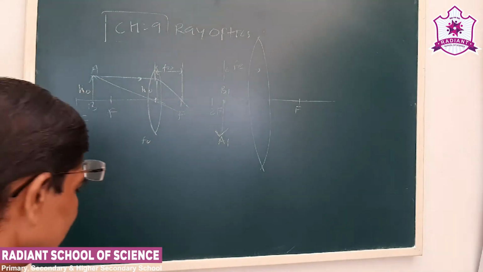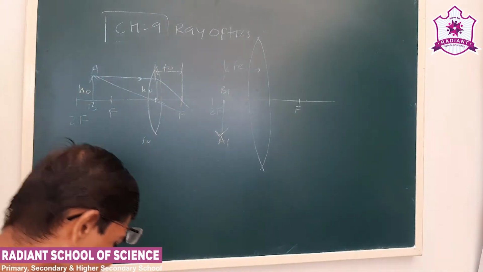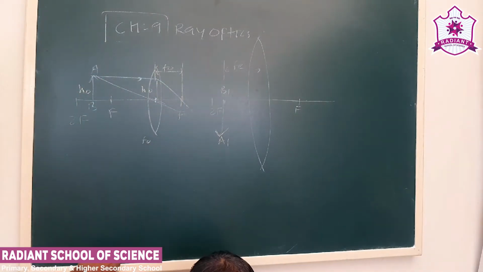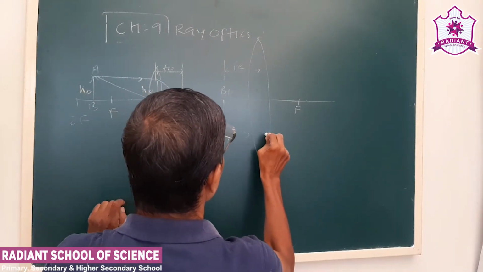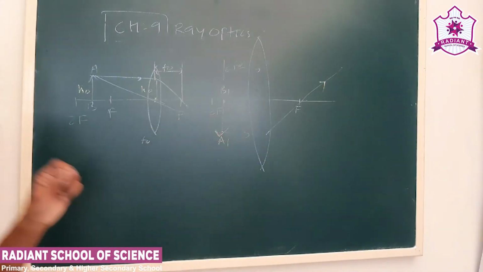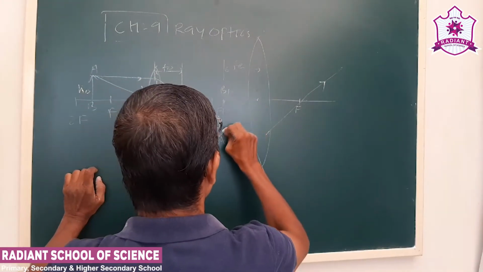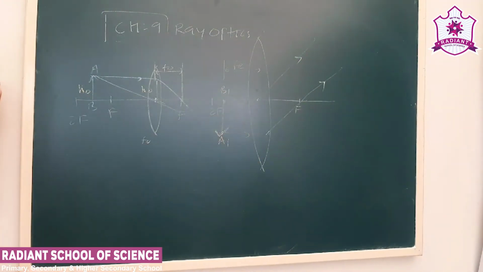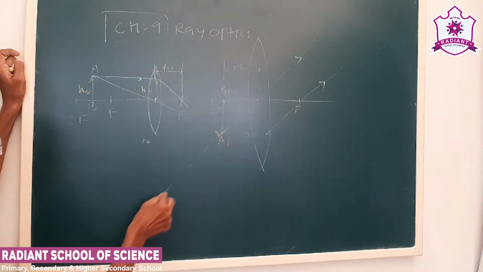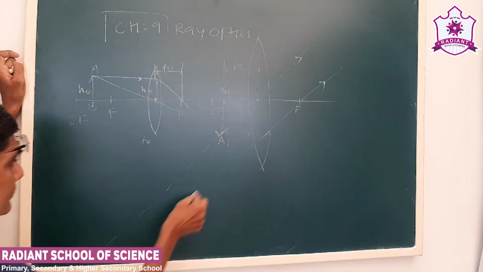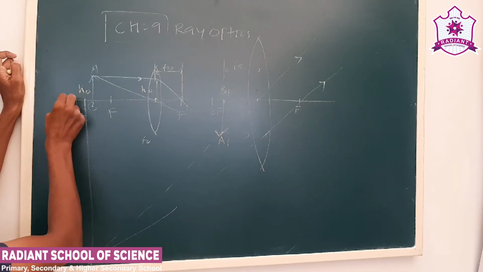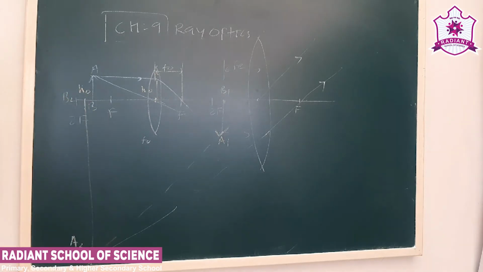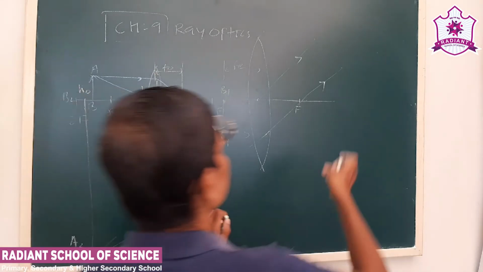Now we can complete the diagram. See the first ray parallel to the principal axis, it will pass through F. And the second ray, now again it is diverging, but when we produce them backward, we get A2 B2.